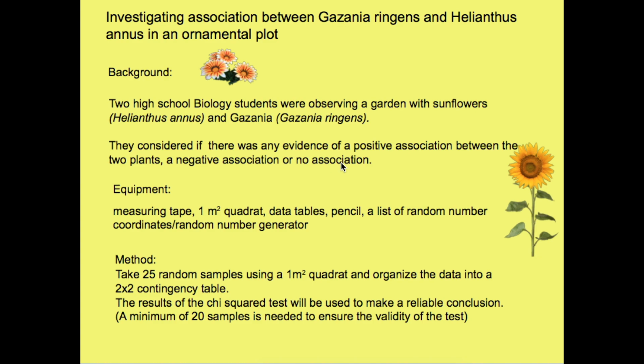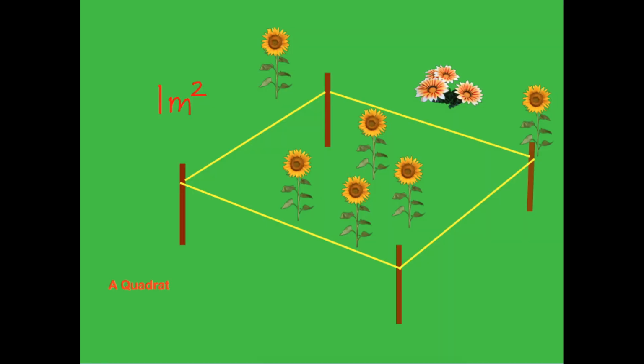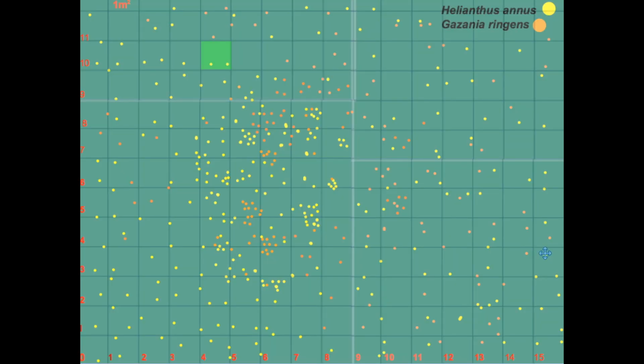Now, to go about establishing this, we need to go out into the field and examine the distribution of these plants out in the field. A good tool to use to carry out that type of investigation is the quadrat. Here I spoke about a 1 square meter quadrat, and the quadrat is laid out at random.